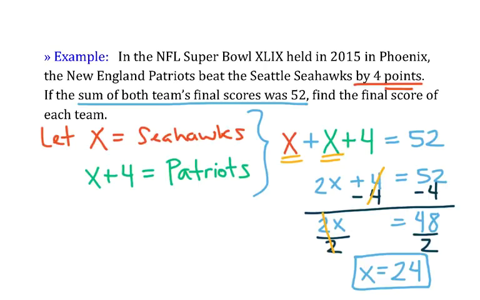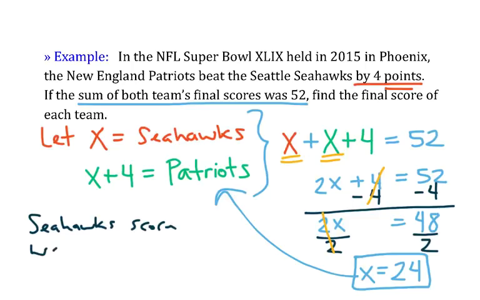But I'm not going to leave it here. I want to make sure in the end it's clear to my reader, whether that's your instructor or a classmate, what does this solution really mean? So if we go back to how we defined our variables and interpret it with a short sentence, I could say that the Seahawks score was 24. So they had 24 points because the Seahawks were x.